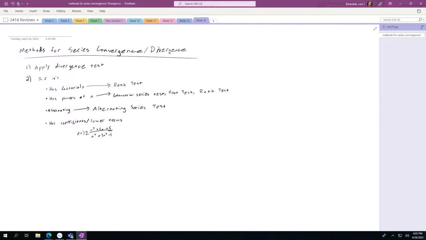Comparison test. Which comparison test? Right, so the limit comparison test is really good at getting rid of things like coefficients, some lower terms, a lot of these extra fluffy things that don't really affect whether your series converges or diverges.